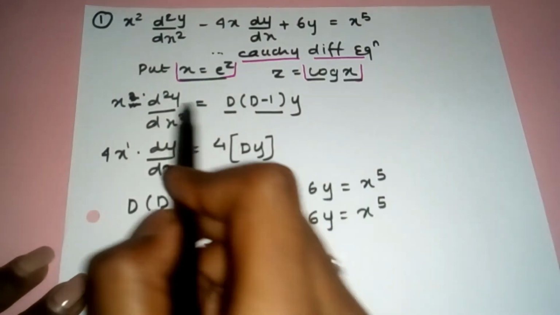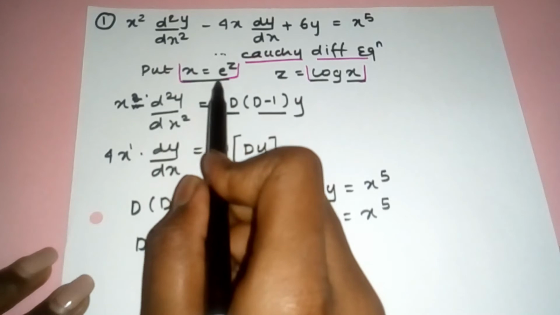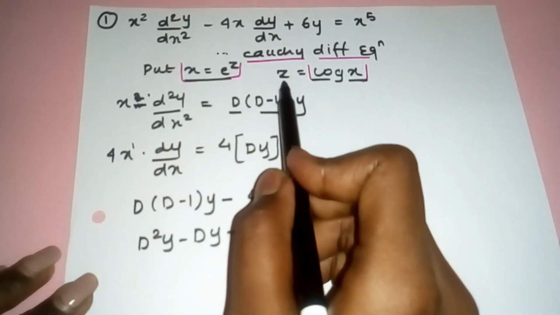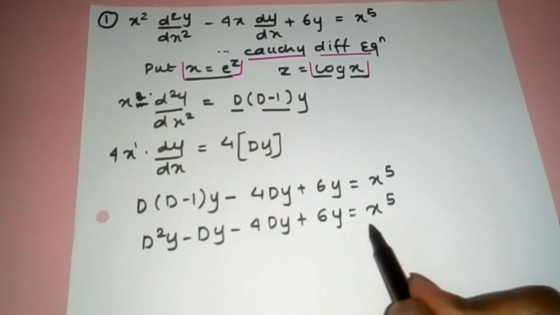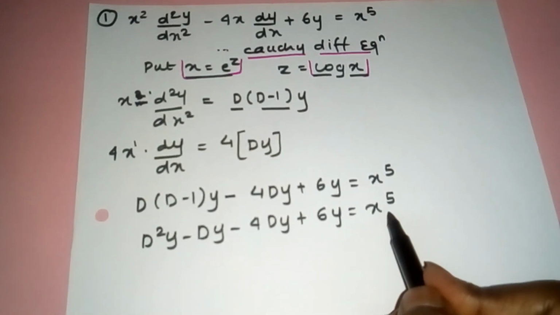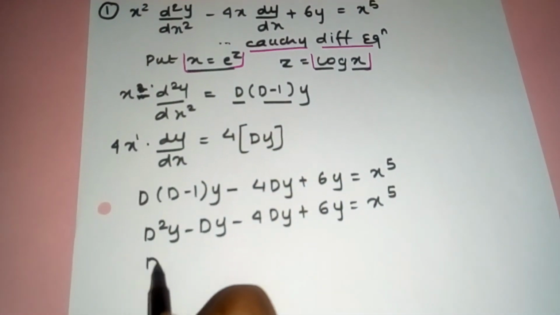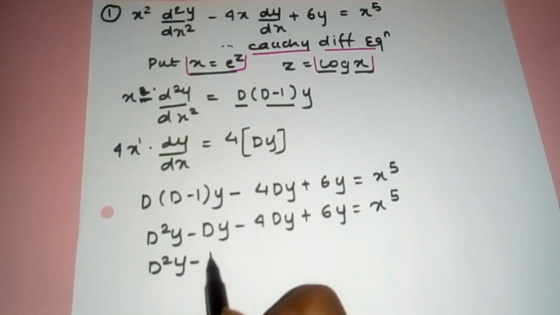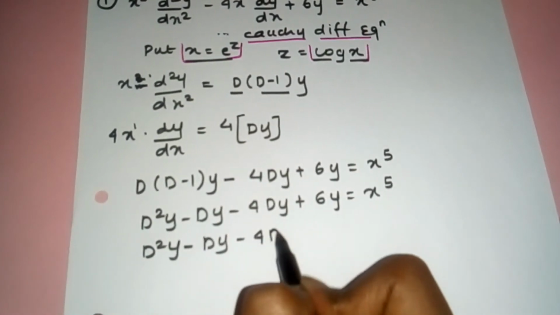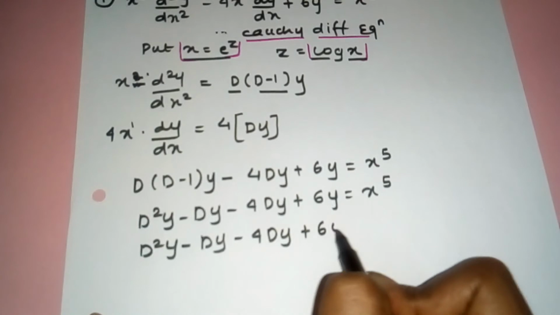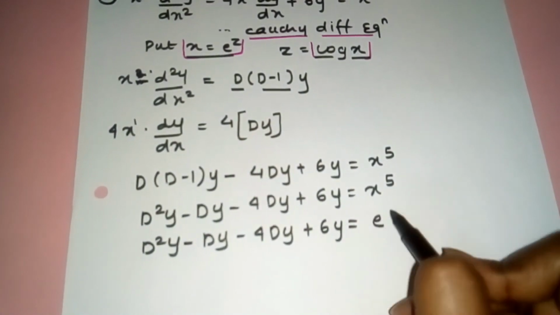Now if you remember, what I've said is, in the place of x we have to put e raised to z, and in the place of z we have to put log x. So let's do that. Over here we have x raised to something, so in the place of x we have to put e raised to z. D square y minus dy minus 4 dy plus 6y is equal to, now in this place we put e raised to z.